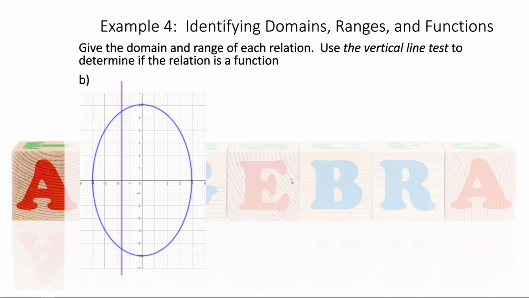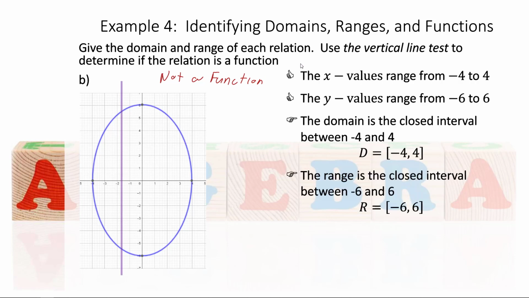Okay, what about this one? Well, notice this vertical line hits the graph twice, so this is not a function. But it still has a domain and range. Notice how in terms of x values, the x values range from -4 all the way to 4.